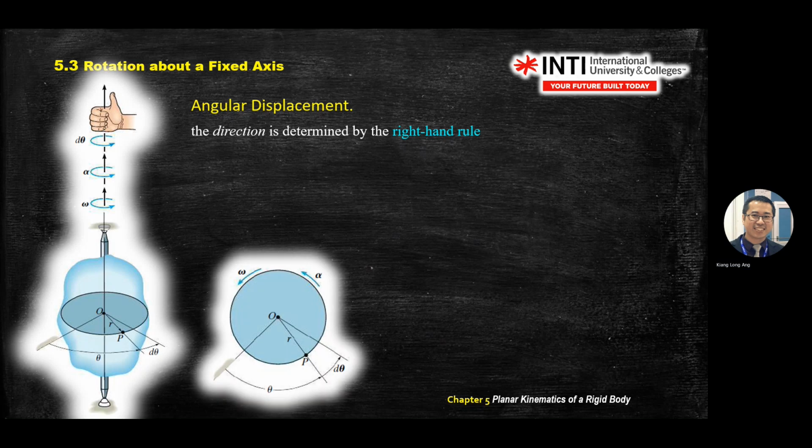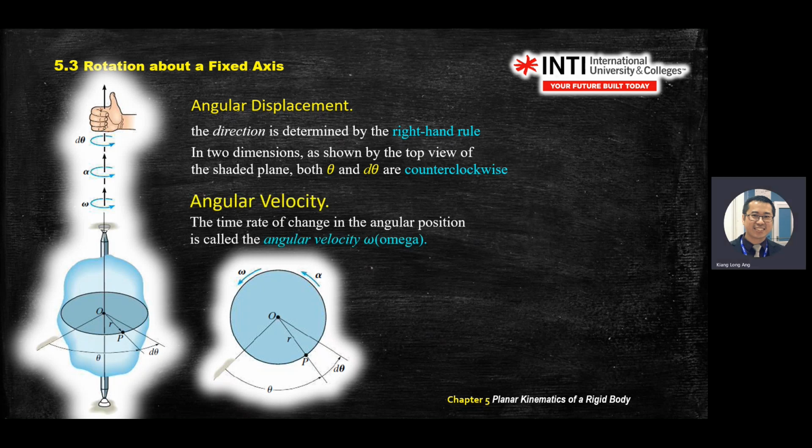If you look on the top, point P rotates anti-clockwise. First, we introduce displacement will become velocity. We start to use the omega symbol. How do you find velocity? You take the time differentiation of your position, ds dt.